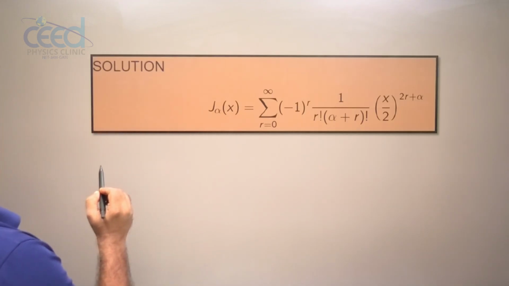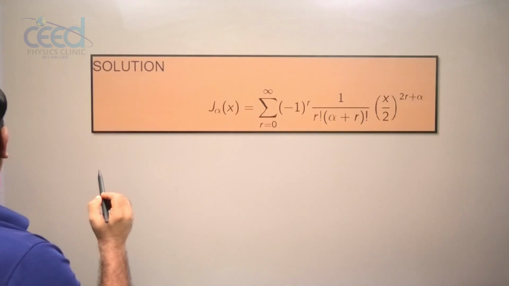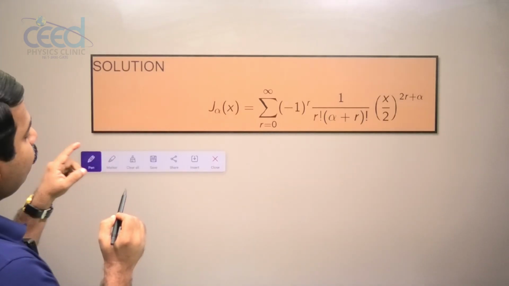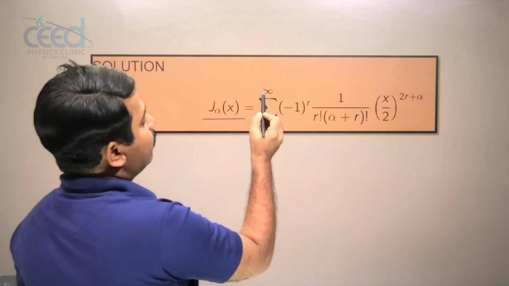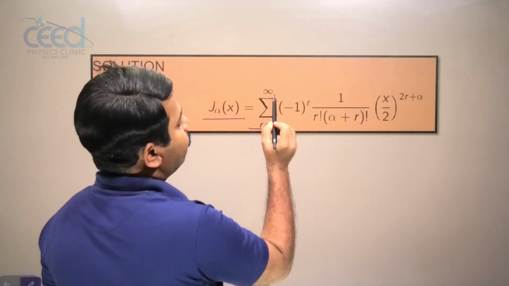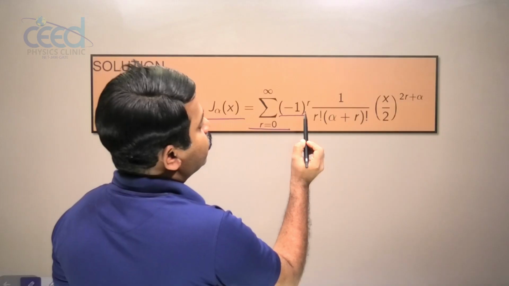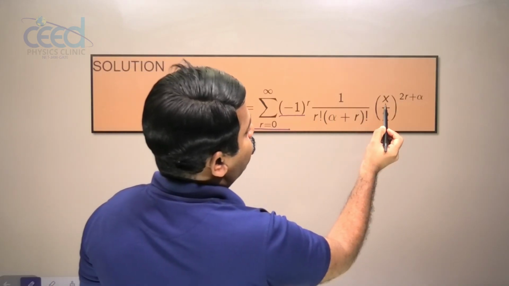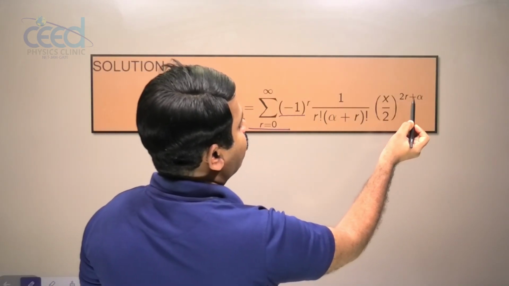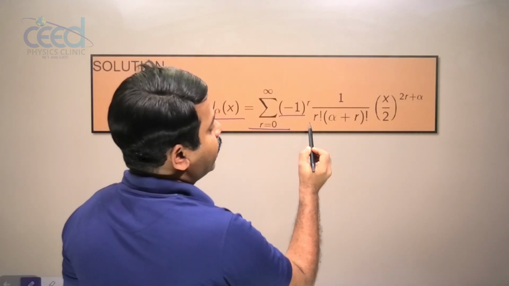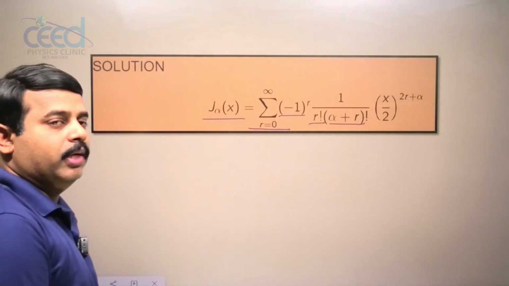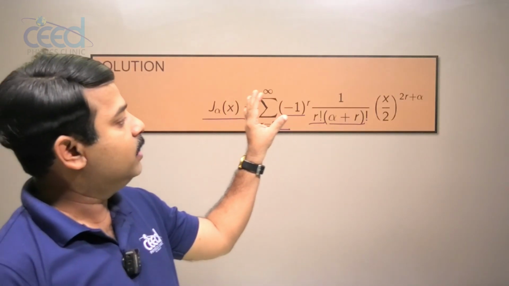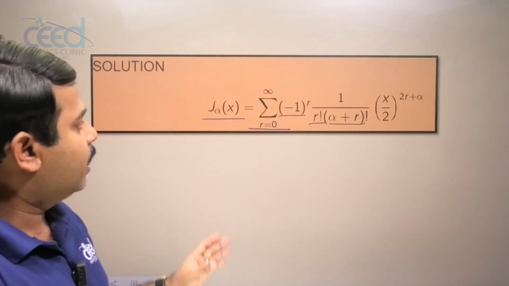J alpha of x is equal to sigma r equal to 0 to infinity (minus 1) raised to r into (x by 2) raised to (2r plus alpha), divided by r factorial into (alpha plus r) factorial. So this is J alpha of x.